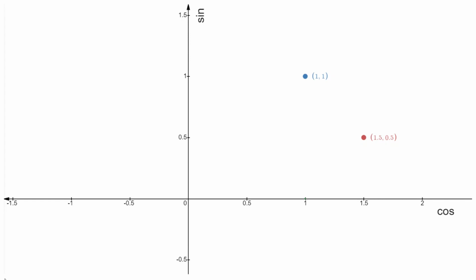So you can just imagine adding more points with new colors that represent higher frequencies, like k equal to 3, k equal to 4, k equal to 5. So a sequence of points in the cosine sine plane can represent a function in terms of all its Fourier coefficients.